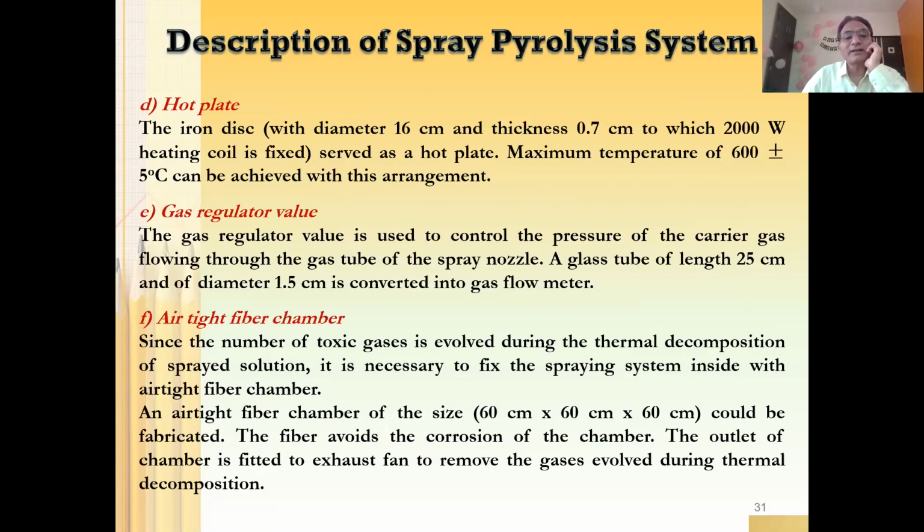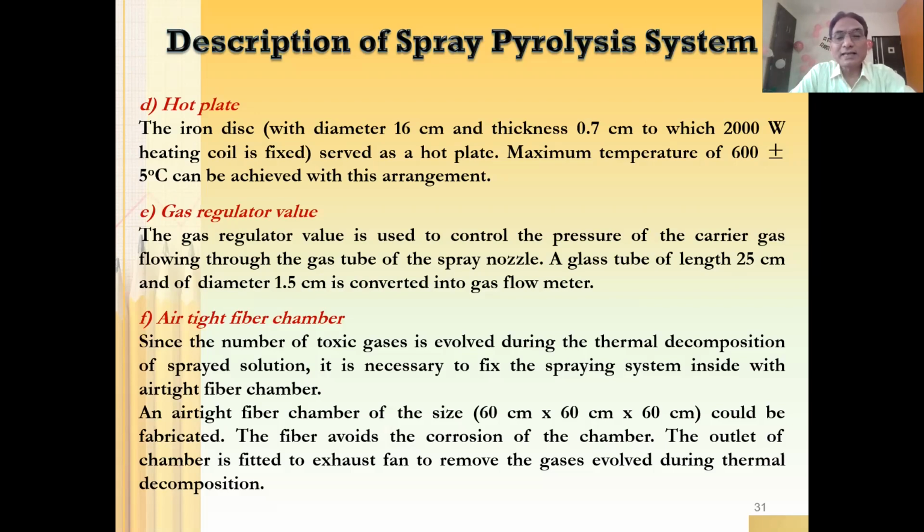Then the gas regulator valve. The gas regulator valve is used to control the flow of the carrier gas flowing through the gas tube of the spray nozzle. A glass tube of length 25 centimeter and diameter of 1.5 centimeter is converted into glass fiber.